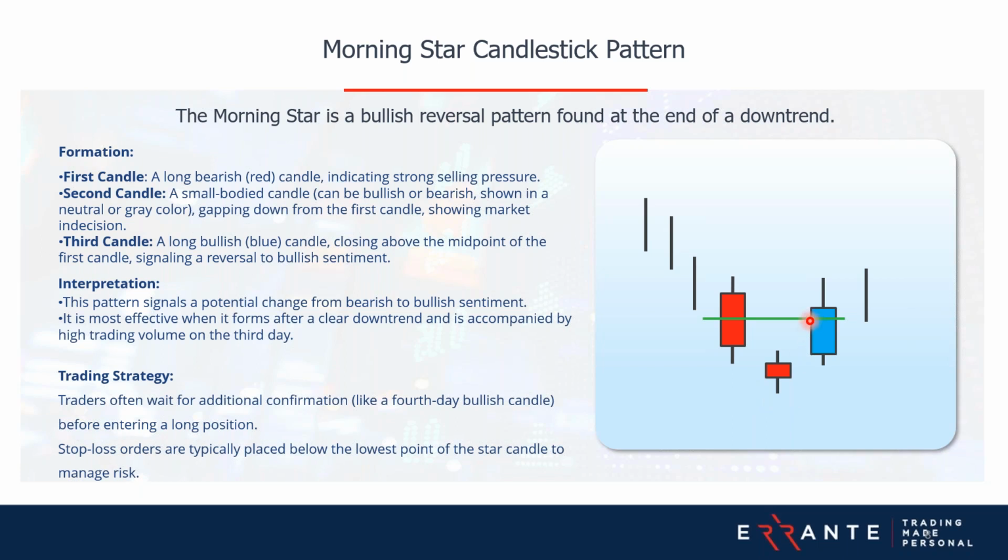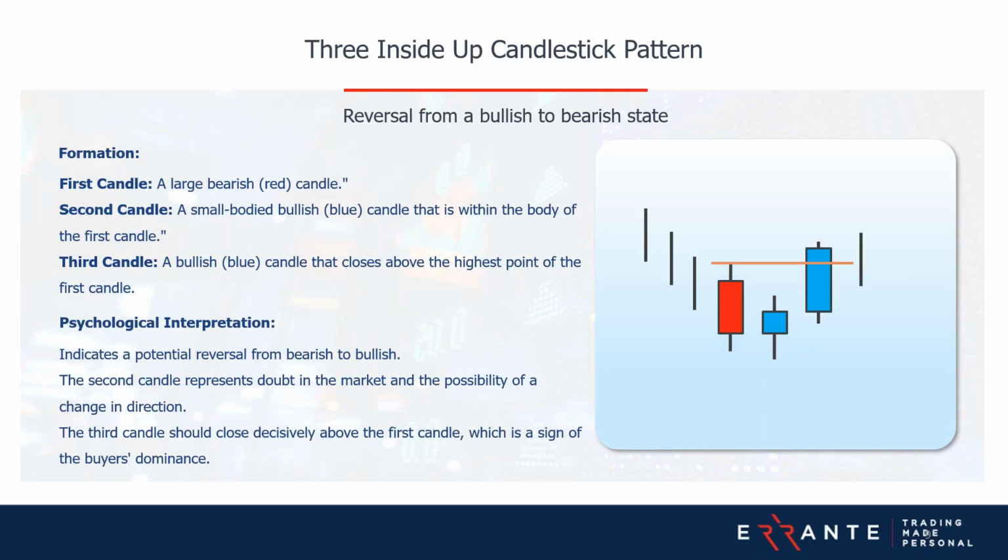Then you can target a 1-to-1 risk to reward ratio, or let's say a 2-to-1 risk to reward ratio, depending on the market condition that we will discuss at the end of this webinar.